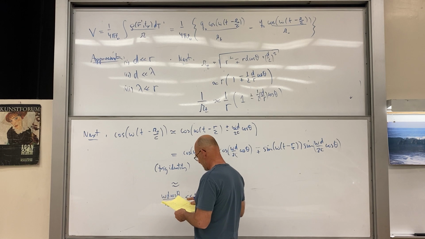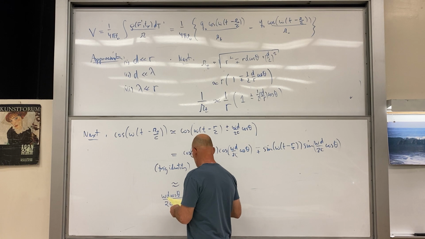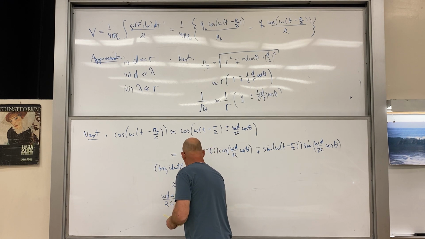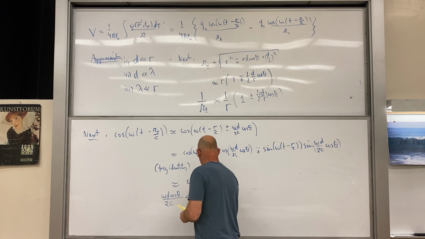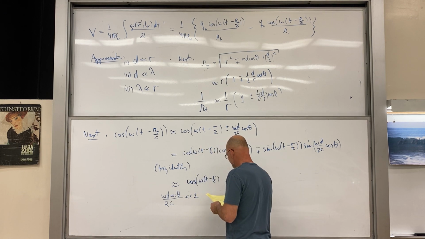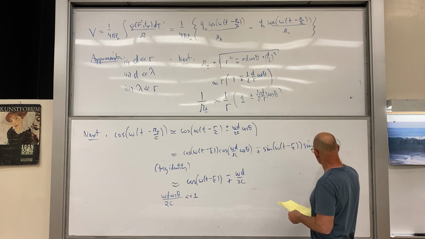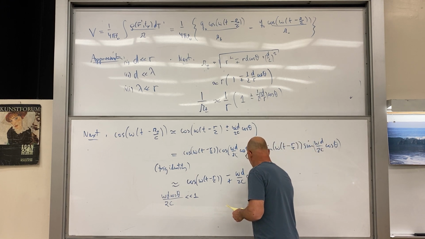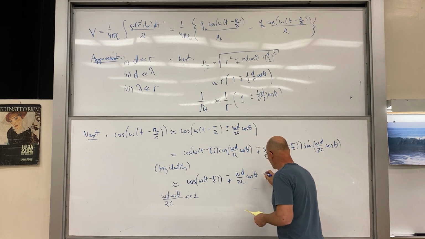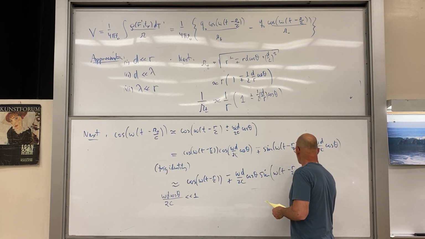And so now we have approximately cos omega t minus r over c times 1 minus plus omega d over 2c, that came out of right there, cos theta, and then sine of the argument, omega t minus r over c.